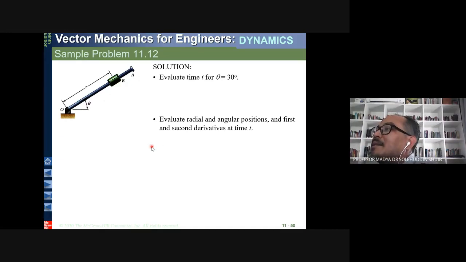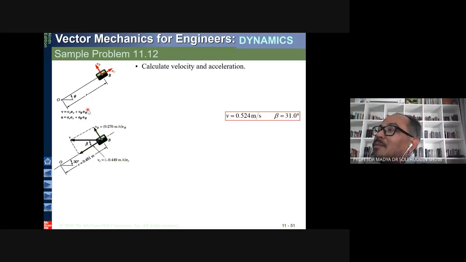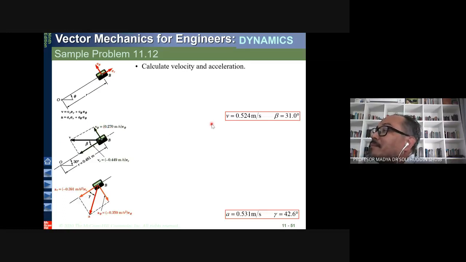These are the formulas I mentioned just now for calculating the velocity and acceleration. You need to have them in your formula sheet. Velocity equals v_r e_r plus v_theta e_theta, and acceleration equals a_r e_r plus a_theta e_theta.